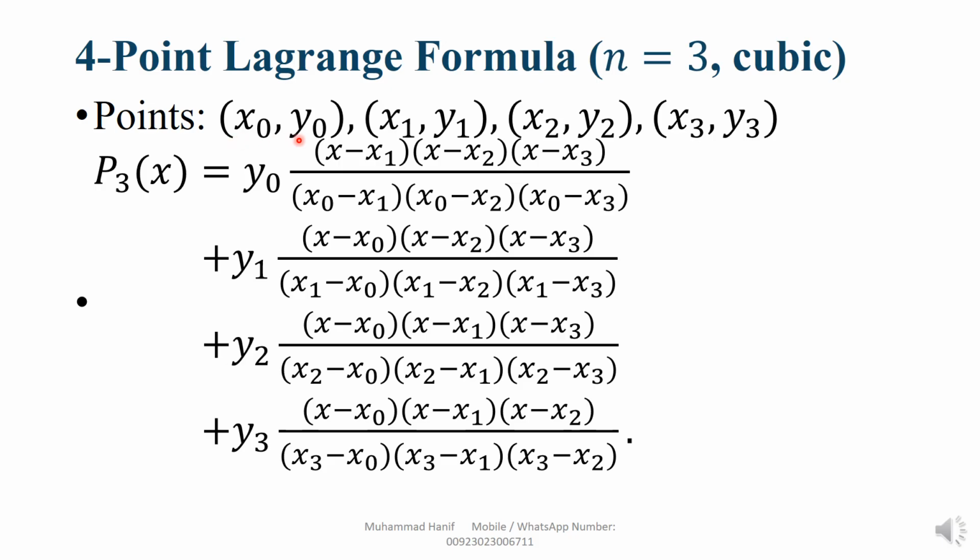Now if we use this point, after we use the second point, then we write plus sign. y1, here is given x1. Now x1 minus, we have used x1, then other numbers: x1 minus x0, x1 minus x2, now also x1 minus x3.